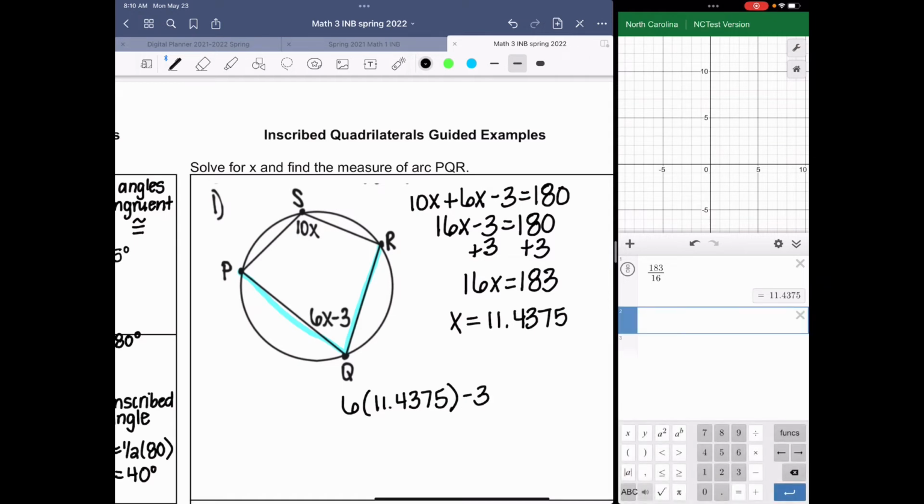So if I multiply that by 6 and we subtract 3 from it, then we get that the measurement of PQR is 65.625. Now, they may ask you to round one way or the other, especially on Desmos. If that's the case, then just pay attention to how they ask you to round.